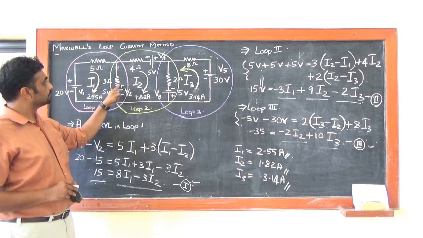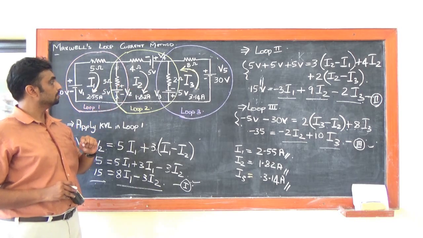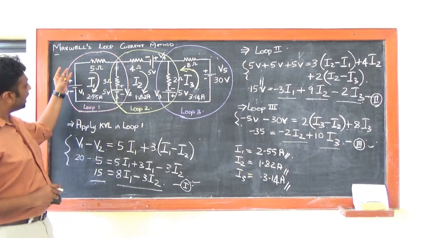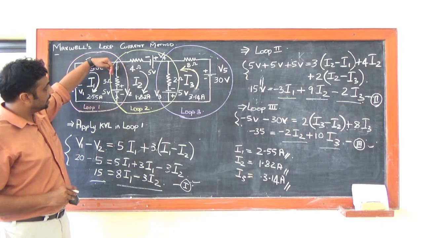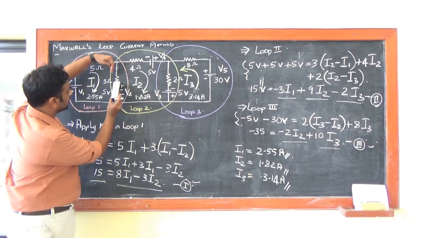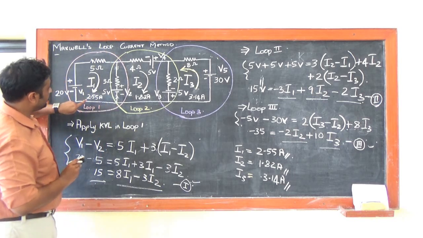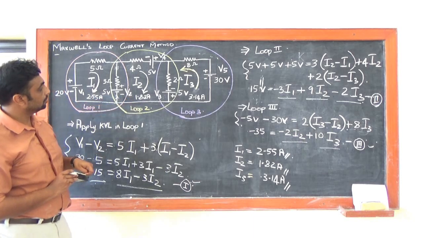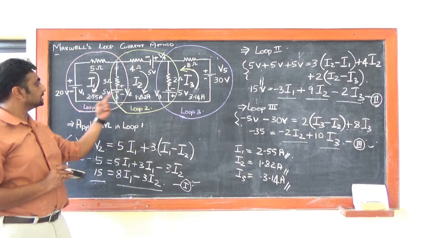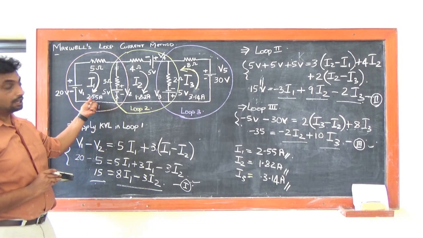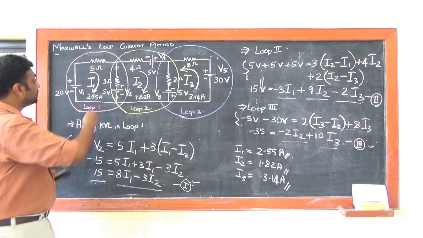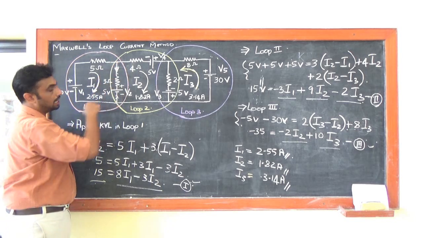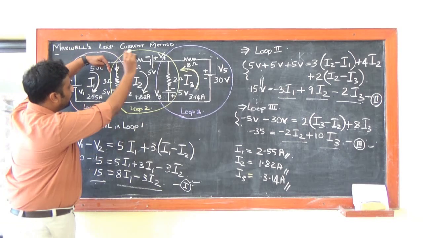But what about this resistor? It is linked with I1 and it is linked with I2. Now these are all the correct directions which I have inputted. So I have I1 flowing from this direction and I have I2 flowing from this direction. So what is the value of my I1? It is 2.55. What is the value of my I2? It is 1.8. Which one is higher? 2.55 is greater. So if 2.55 is greater, then my effective current direction would be from top to down, because it would be I1 minus I2.